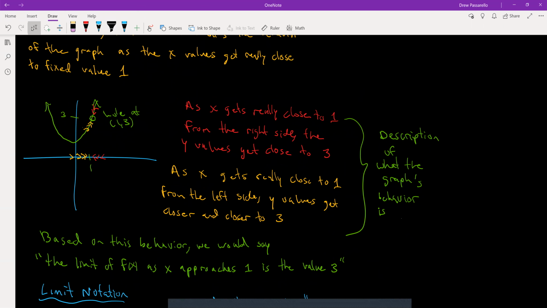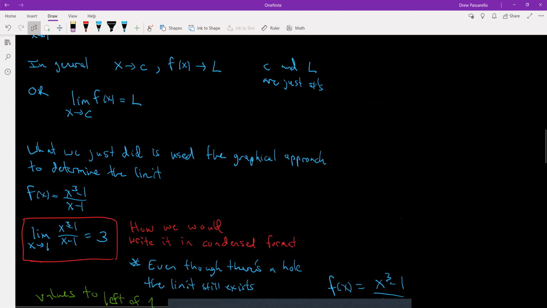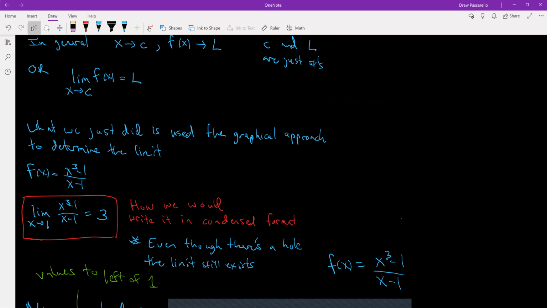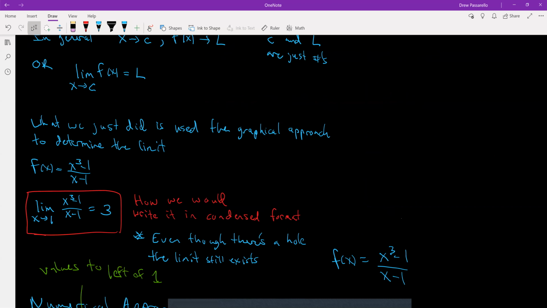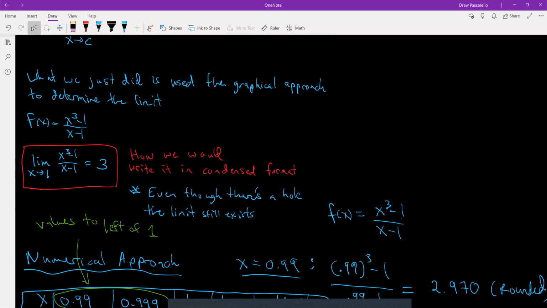So based on the graph, we can see that as x gets close to 1 from the right side and x gets close to 1 from the left side, the y coordinates get closer and closer to 3. All right, so that's why we would say the limit of the function x cubed minus 1 over x minus 1 is equal to 3. And this is how we would be writing it.